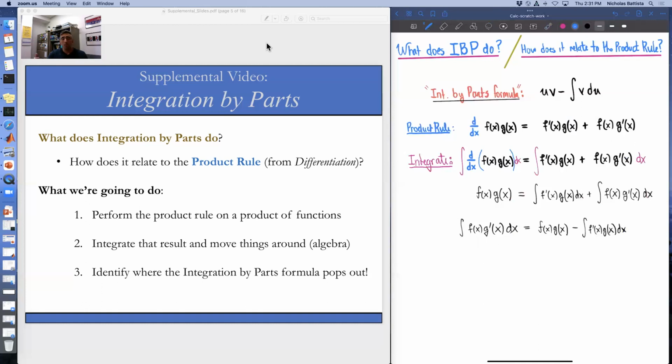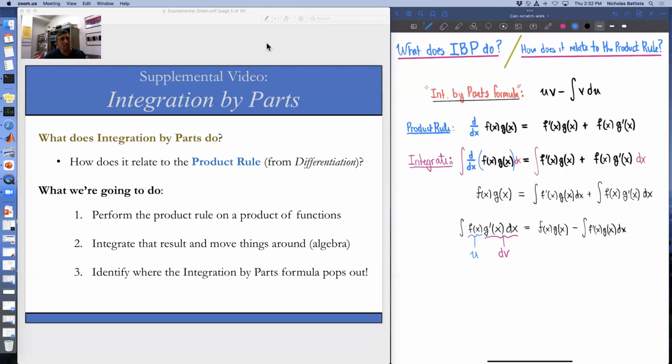Well, in this integral on the left-hand side, we're going to define a u and a dv from it. We're going to call that f of x our u portion, and we're going to call that g prime dx, that will be our dv.